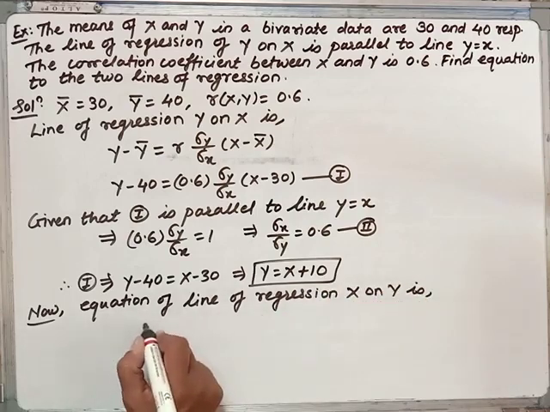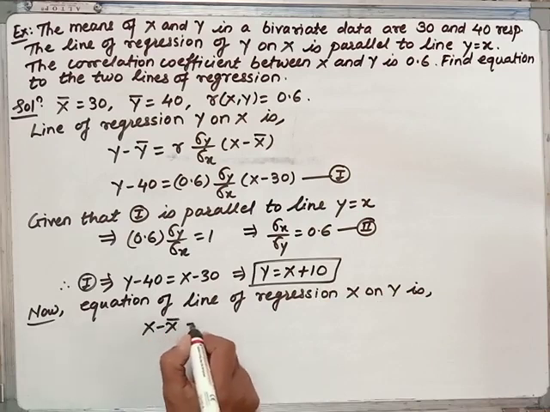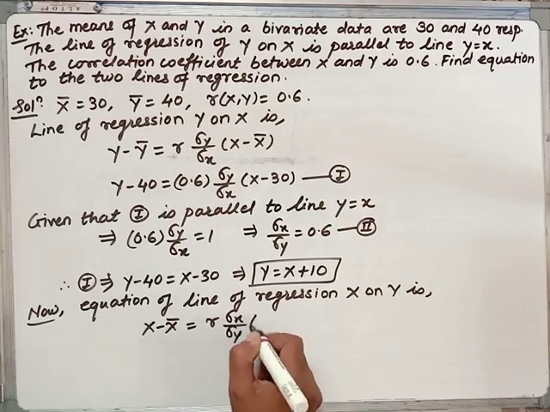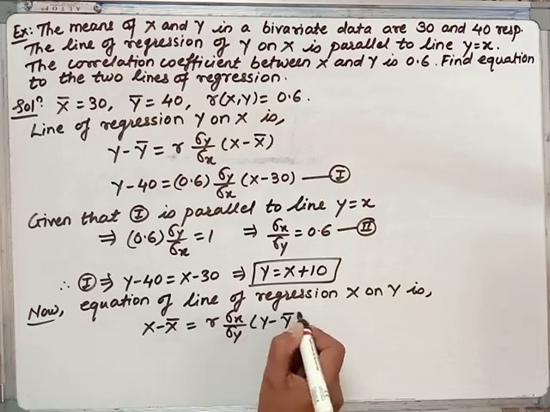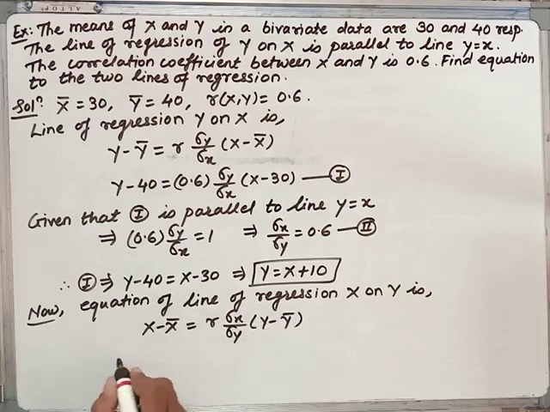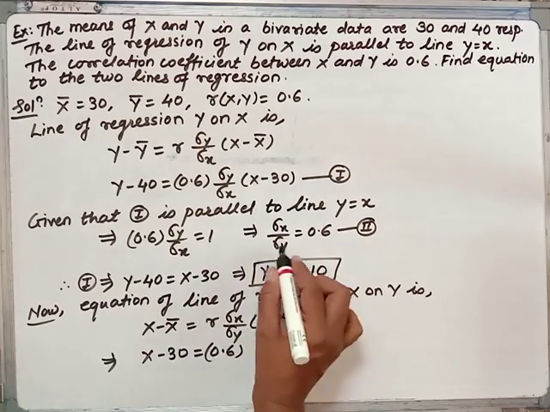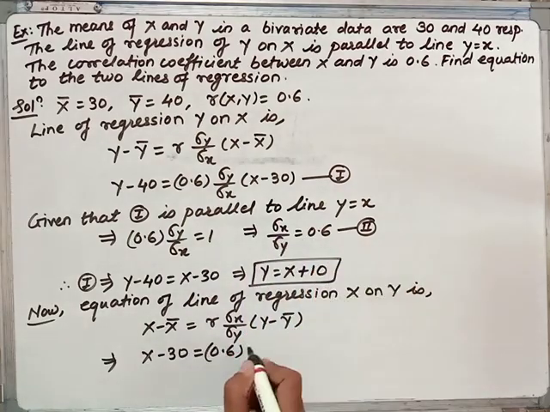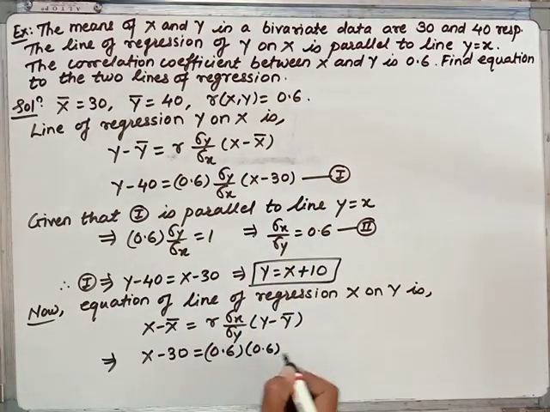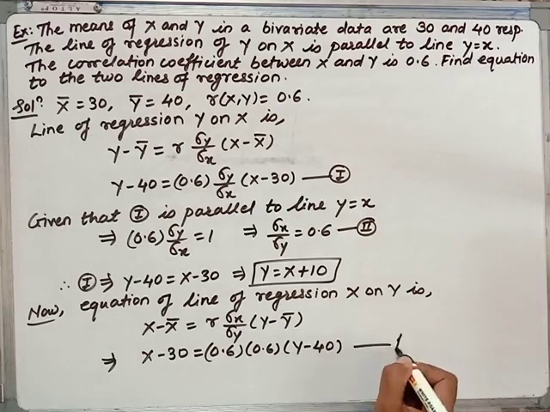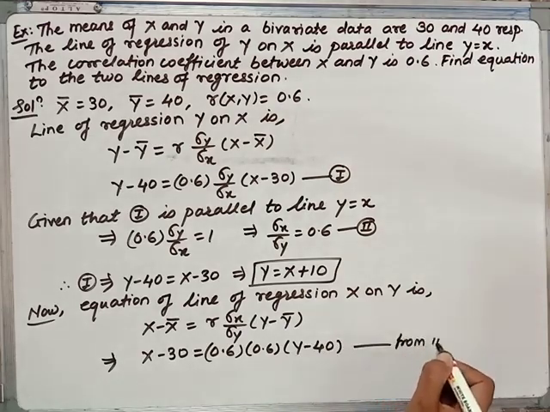It is x minus x bar equal to r into sigma x by sigma y into y minus y bar, right? So this gives x minus 30 is equal to r, which is 0.6, and sigma x by sigma y is also 0.6, into y minus 40. This is from 2.